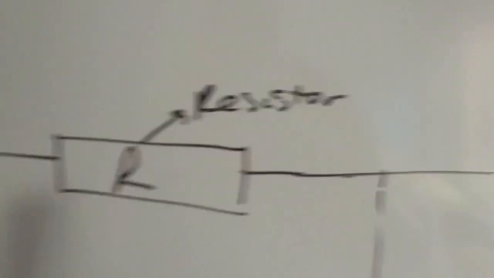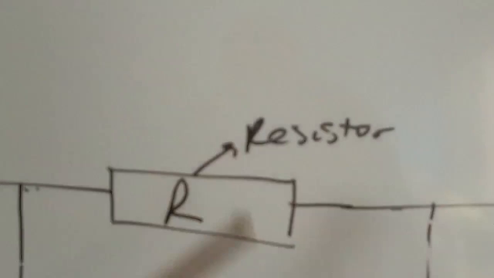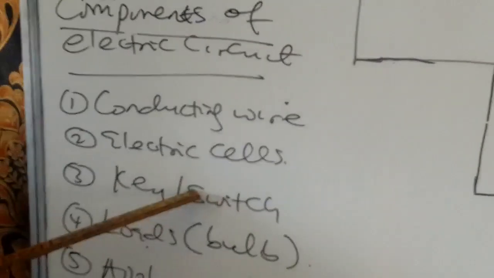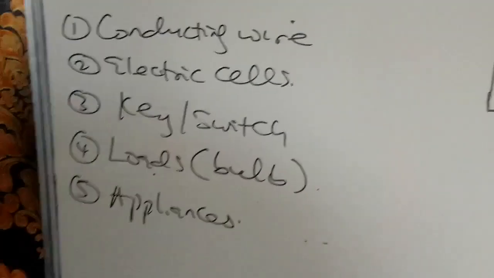We have the conducting wires, and then we have the appliances like the ammeter, the resistor, and the voltmeter. So that is electric circuit for us. It is a path through which electric current flows, and the components include conducting wire, the cell, the switch, the load, and the electrical appliances.